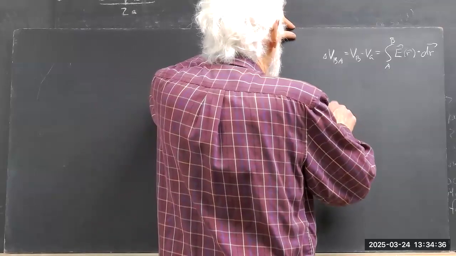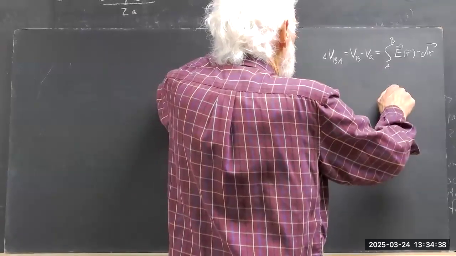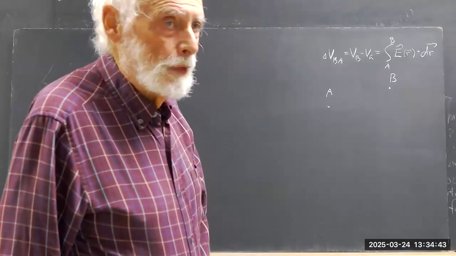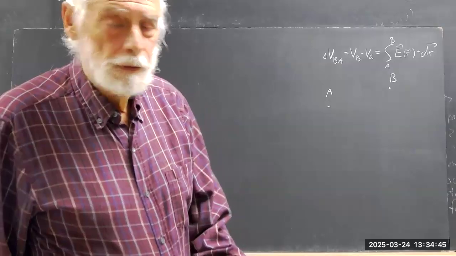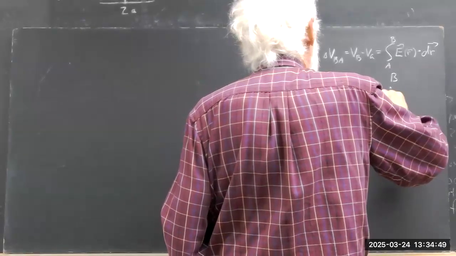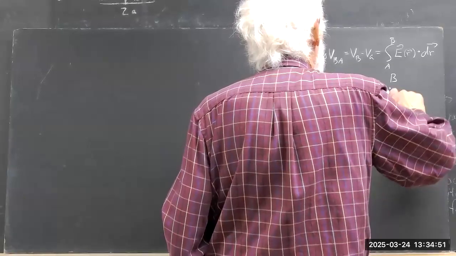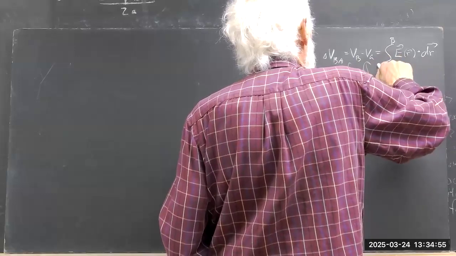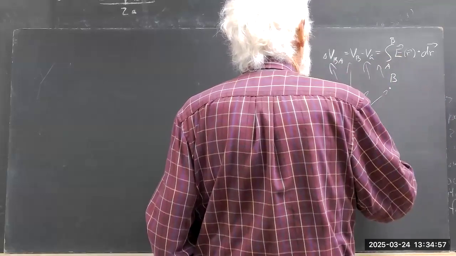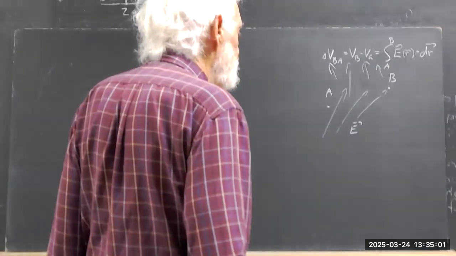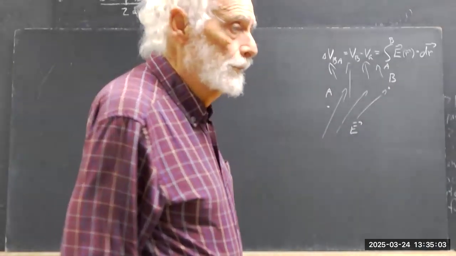So it's like we have point A. We have an electric field. So we have some field, some electric field. Okay.